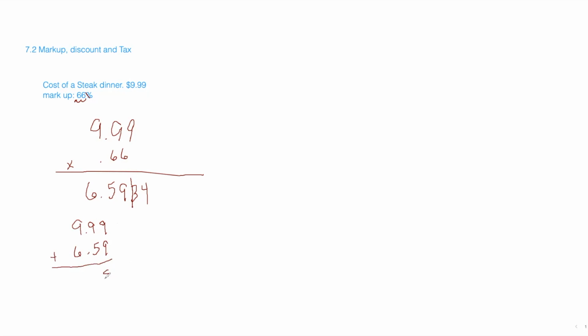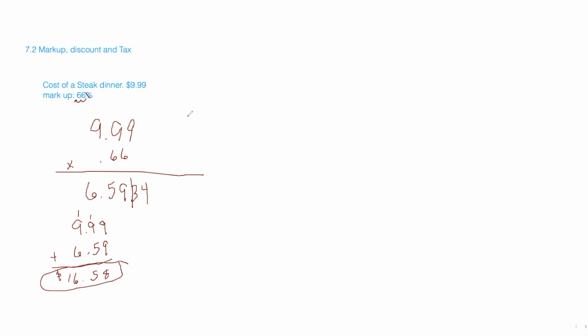Nine and 9 is 18, carry your 1, that's 10 plus 5, 15, carry your 1, that's 10 plus 6, 16. So if you wanted to make 66% profit over a $9.99 steak, this is how much you would charge: $16.58. That is one way to do it.